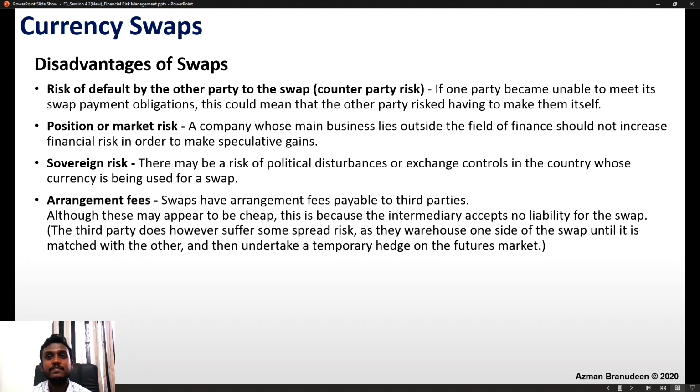Arrangement fees: swaps have arrangement fees payable to third parties. Although these may appear to be cheap, this is because the intermediary accepts no liability for the swap. The third party does, however, suffer some spread risk as they warehouse one side of the swap until it is matched with the other, and then undertake a temporary hedge on the futures market.